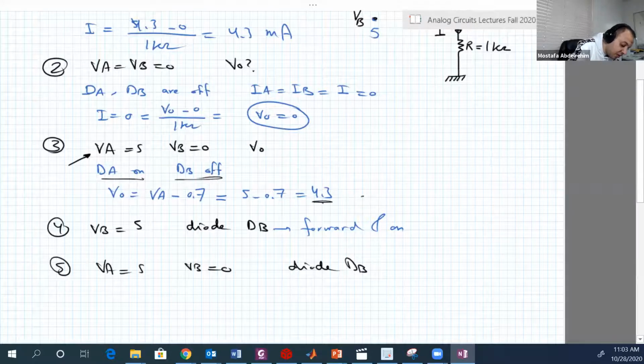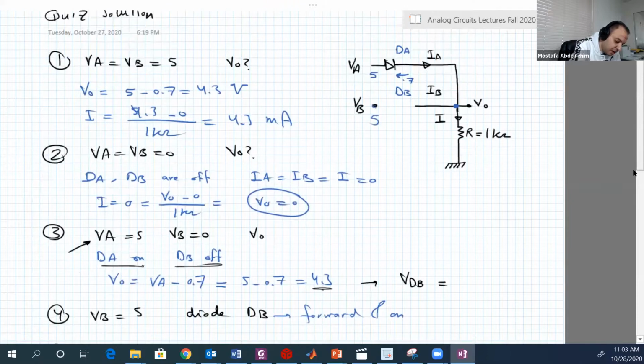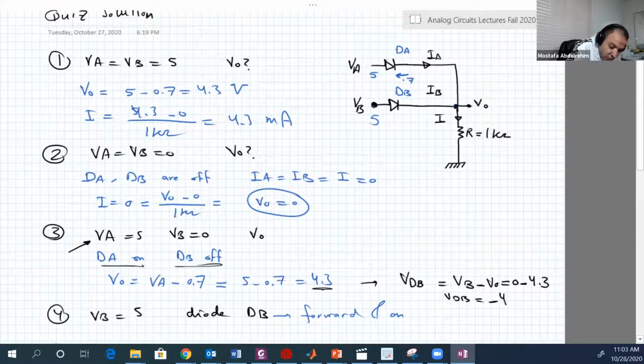So let's calculate VDB, the voltage across the diode B. If we go back here, VDB is equal to this voltage VB minus this voltage VO. VB is equal to 0 and VO is 4.3 volts. So VDB equals minus 4.3.